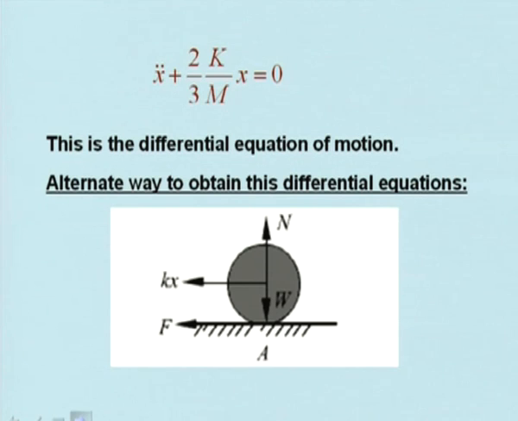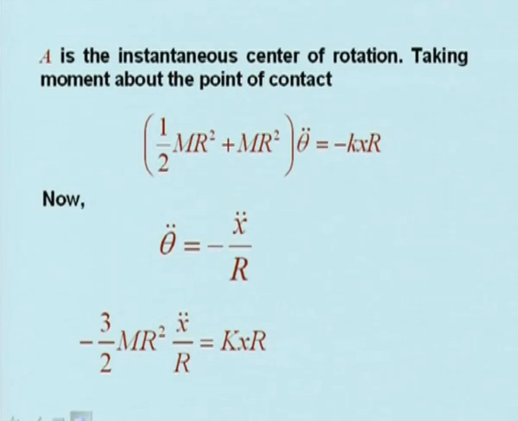There is one alternate way to obtain this differential equation. In this, we draw the free body diagram like this, but we take A as the instantaneous center of rotation, so we take the moment about this fixed point of contact.